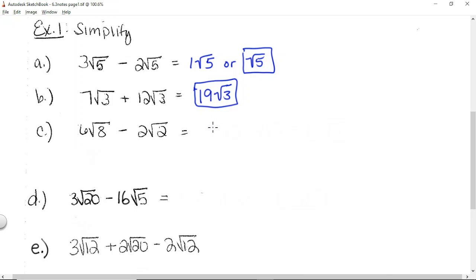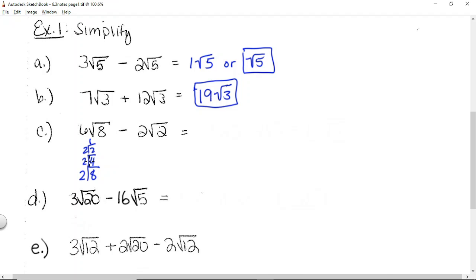Okay, now this next one, they are different. You have 6 times the square root of 8 minus 2 times the square root of 2. However, we may be able to simplify these, and yeah, we can simplify that square root of 8. So, of course, if we do the cake on 8, we use 2, we get 4, use 2 again, we get 2, and then 2, and we get our candle on top, the 1.